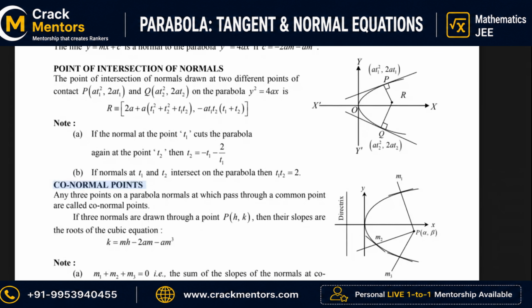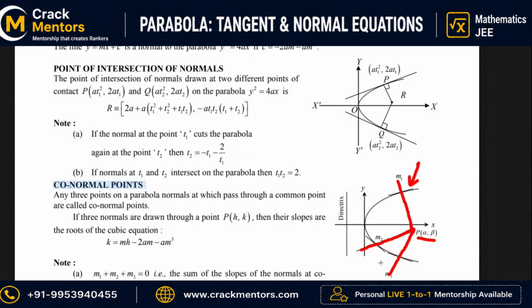Co-normal points. Any 3 points on a parabola, normals at which pass through a common point. Basically, these are your 3 normals. Since these 3 intersect at this P point, which is alpha comma beta, these can be called co-normal points. So the points are what?